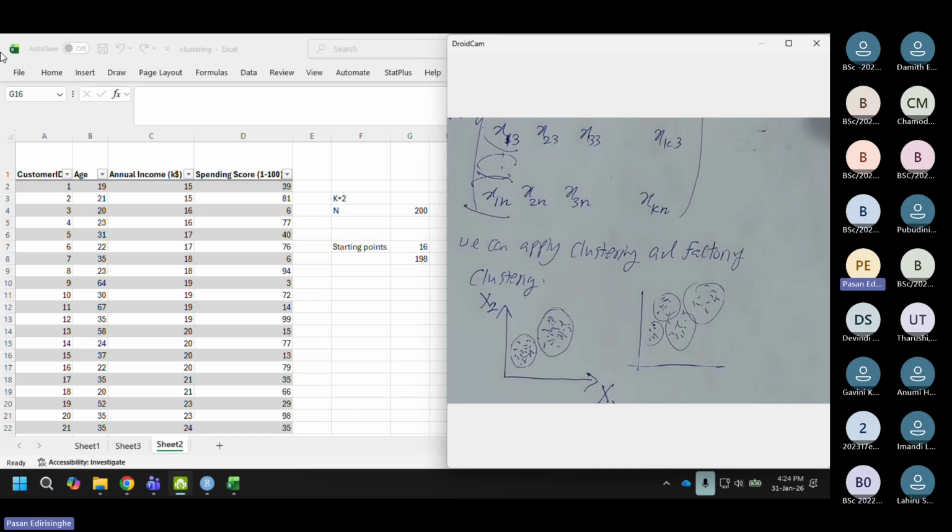But if you're using non-hierarchical clustering, initially you have to mention how many clusters you expect to have.